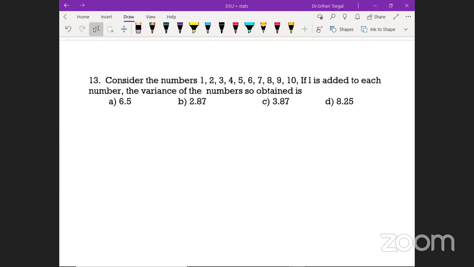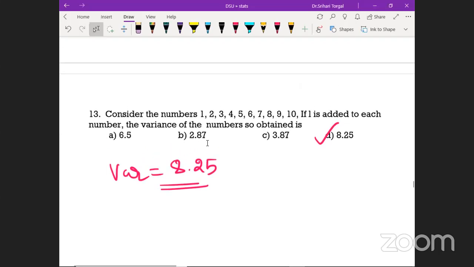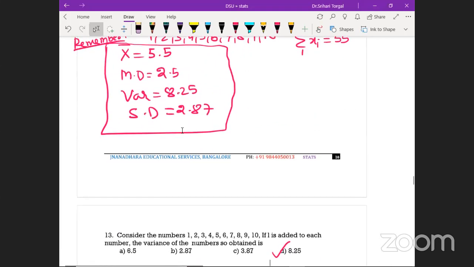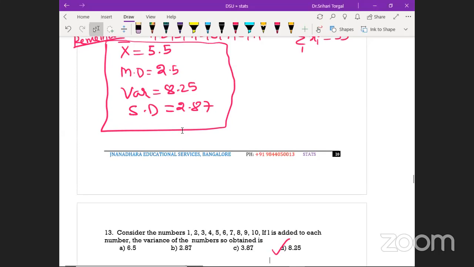That is the sum of natural numbers, right? If 1 is added to each number, the variance of the numbers so obtained is? So variance will not be altered, right? It is similar to the last problem, that is 8.25 is the answer. They have asked here variance, not the standard deviation. Right?